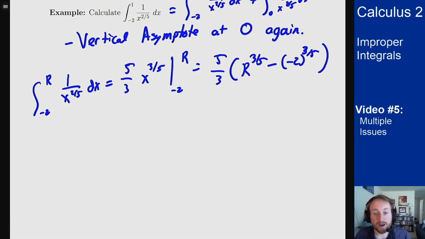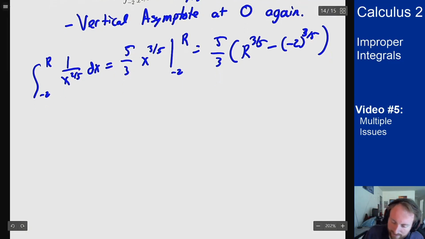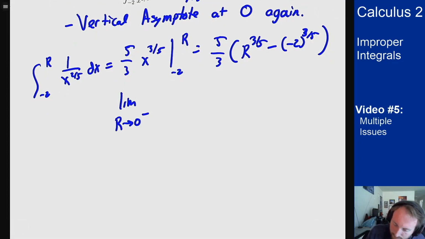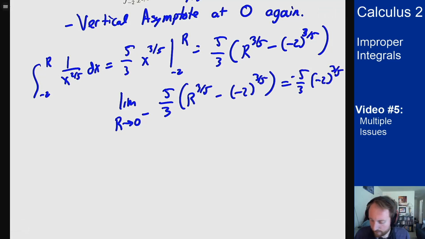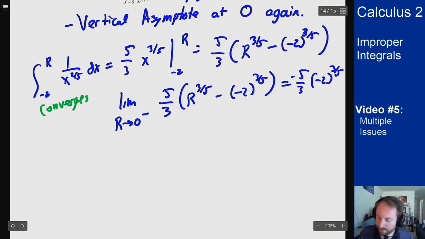Well, as r goes to 0, now it's r to the 3/5, and that goes to 0. That's going to go away. The limit as r goes to 0 from the left, I'm below 0 here, of this, the r term goes to 0, and so I just get 5/3 minus minus 2 to the 3/5, with a minus sign. Great, that one converges. Now I can try the second one.